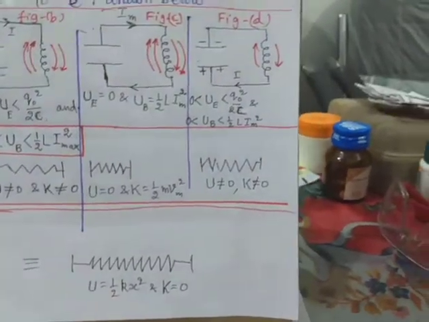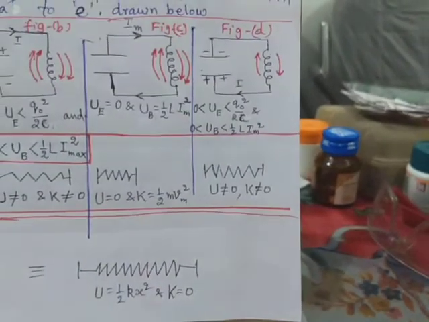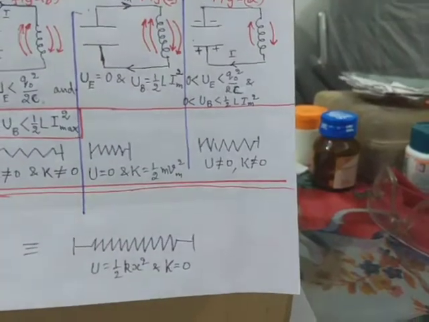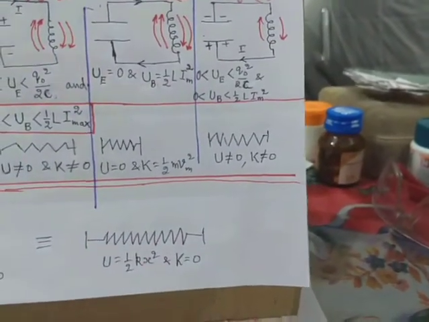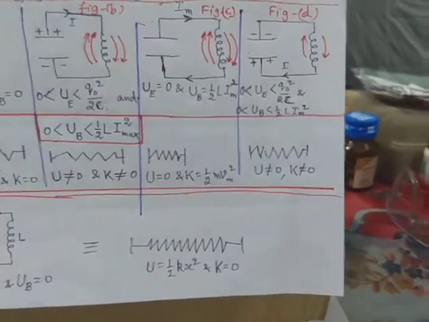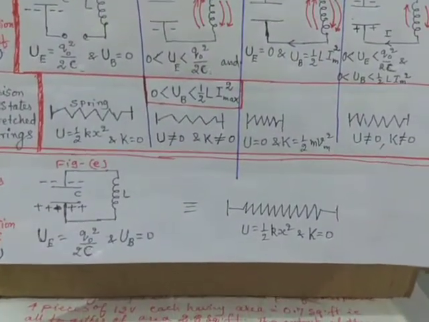In the fourth case, with similarity to figure D, now the spring is compressed further. So in this case the potential energy becomes non-zero and kinetic energy also becomes non-zero. So here you see the difference, the spring is not stretched, it is compressed.